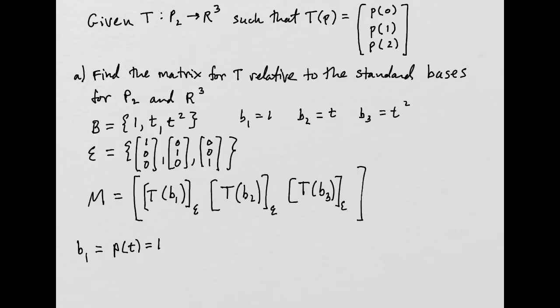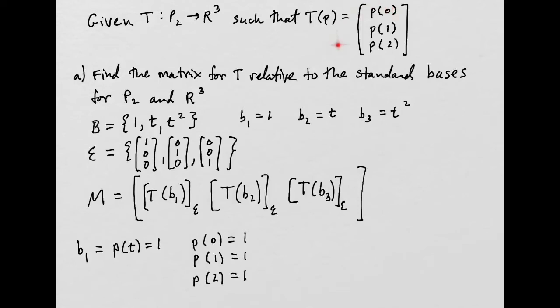So no matter what t is, p of t is 1. So if I evaluate p of 0, well, I just get 1 because p of anything is 1. p does not depend on t. So p of 0 is 1, p of 1 is 1, p of 2 is 1.